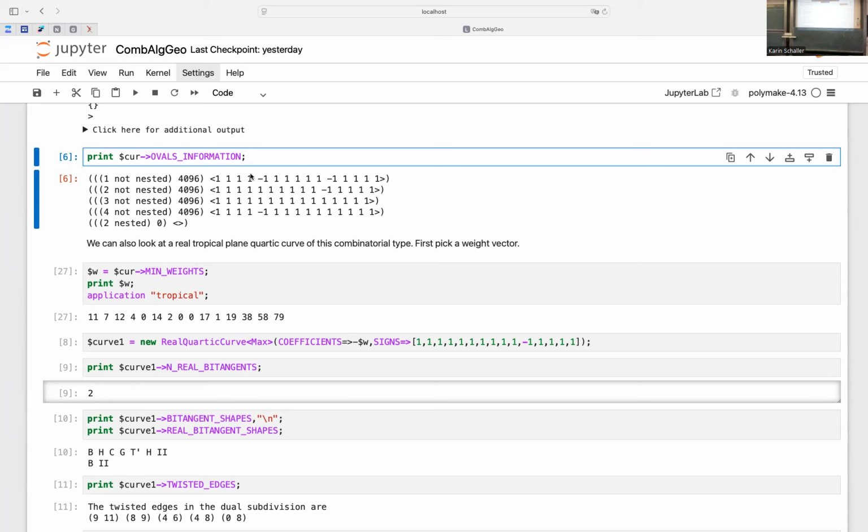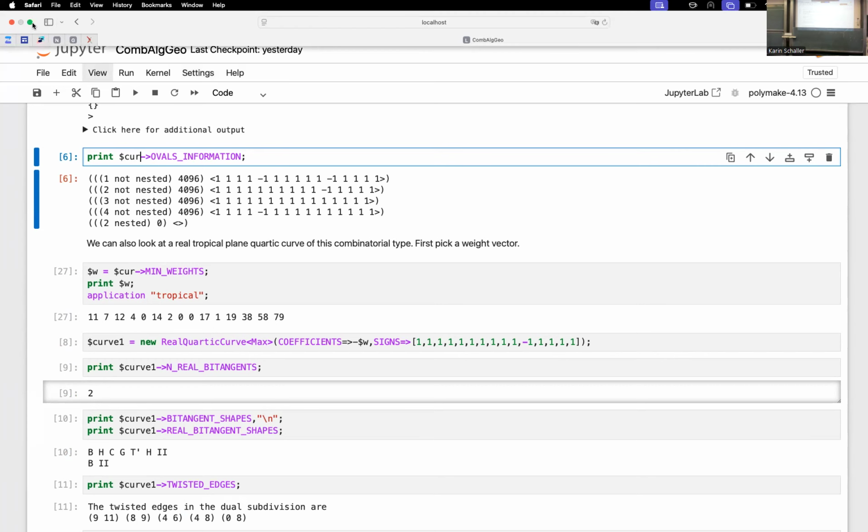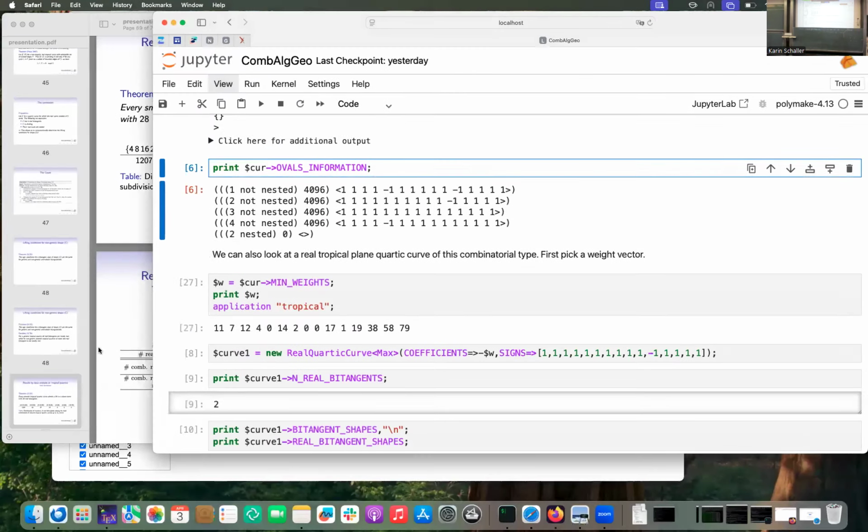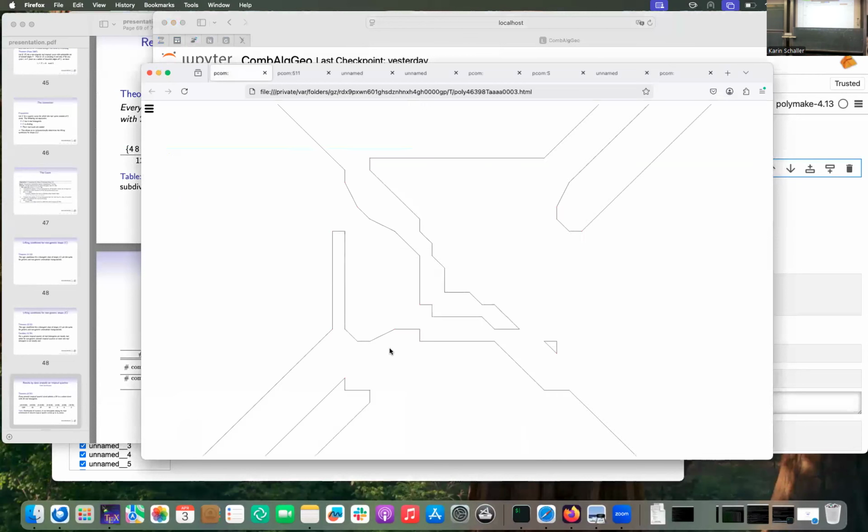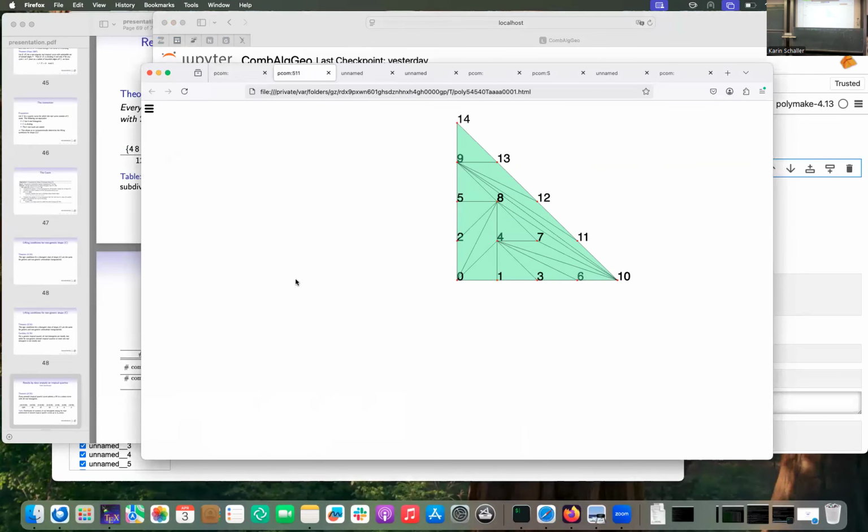So it tells you that for this specific triangulation, which maybe I should show you a picture of. Visualization didn't work in the Jupyter notebook, but that's triangulation 511. This is the triangulation.